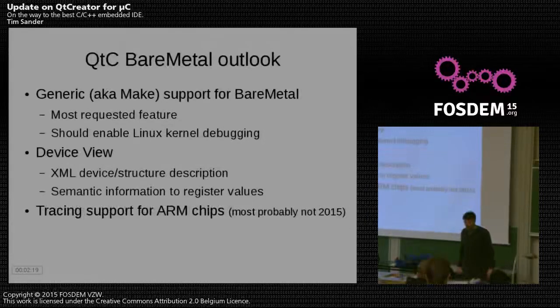I think that would be quite neat to have. Okay. And then there's tracing support for ARM chips, but that's probably not coming in the next years, so don't hold your breath.